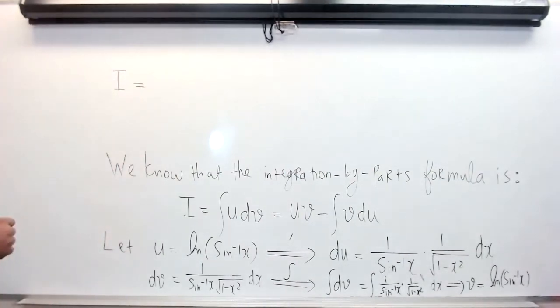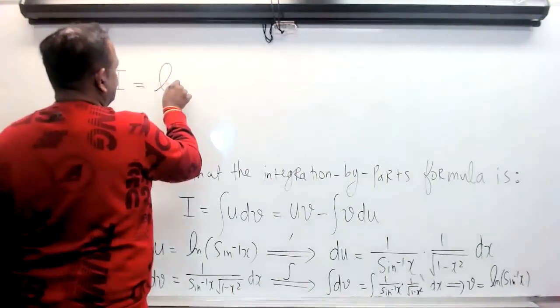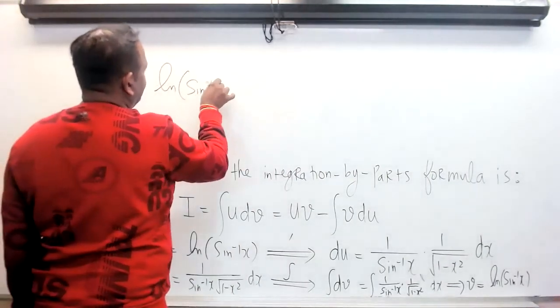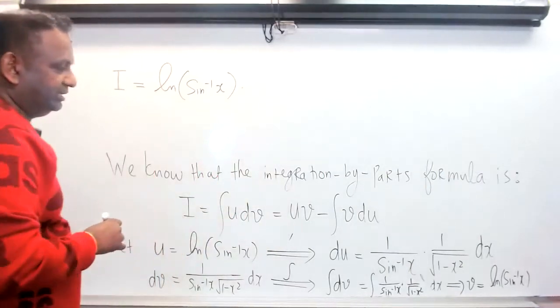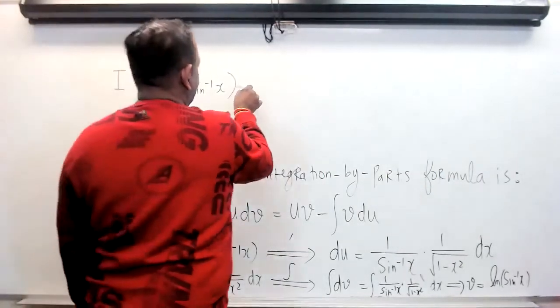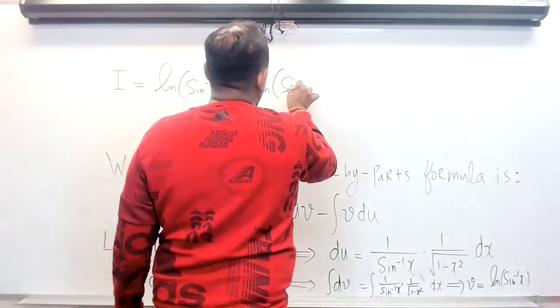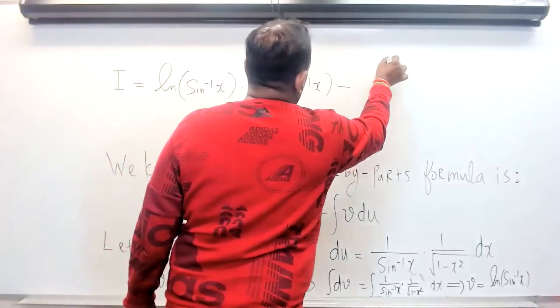u is ln sine inverse x, v is ln sine inverse x, minus the integral.